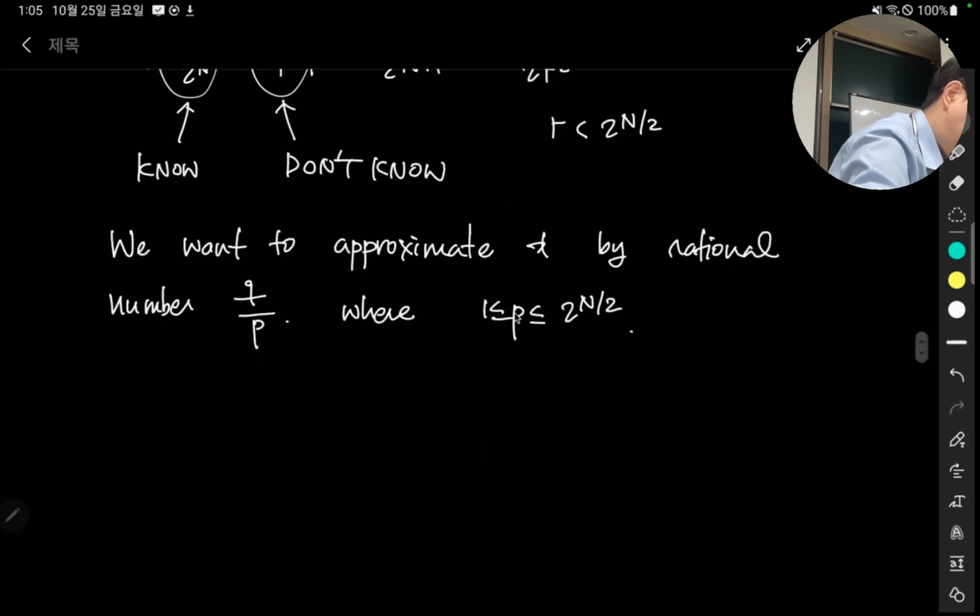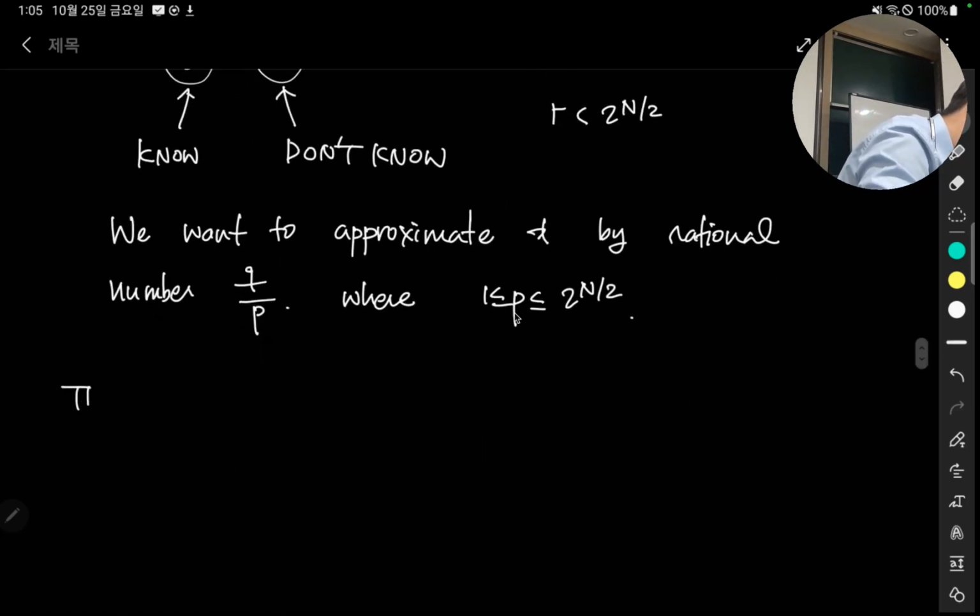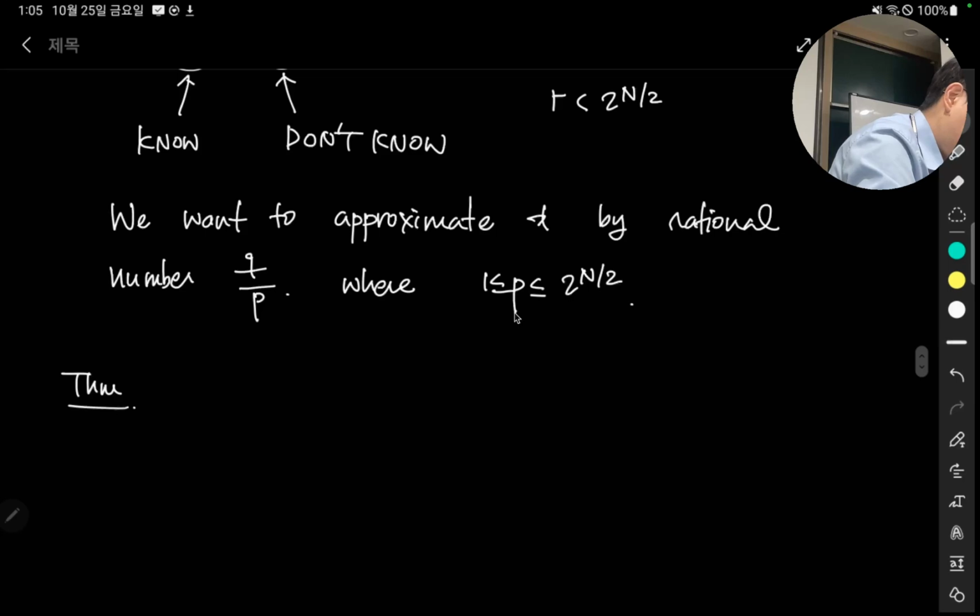So, the theorem here. I'll state the theorem and then try to think about why the theorem helped us get this p to q over p.